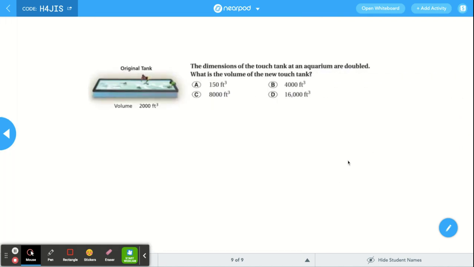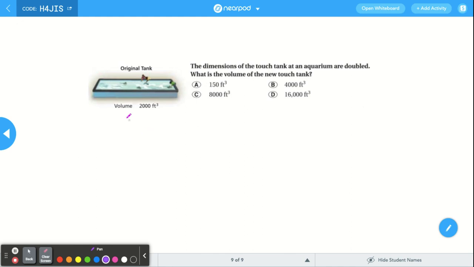All right, last question. The dimensions of the touch tank at an aquarium are doubled. What is the volume of the new tank? All right, so in this case, if we remember back from our previous slide, the volume of similar solids is going to be the cube of the ratio of the corresponding side lengths.